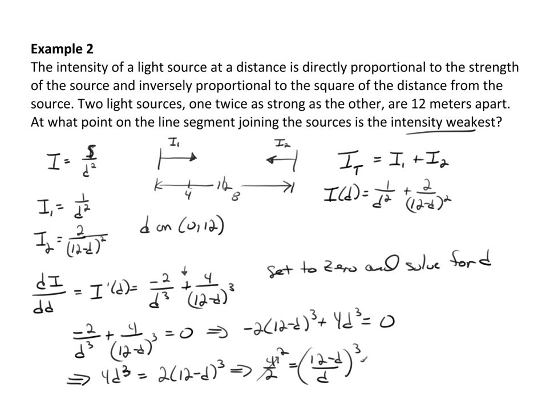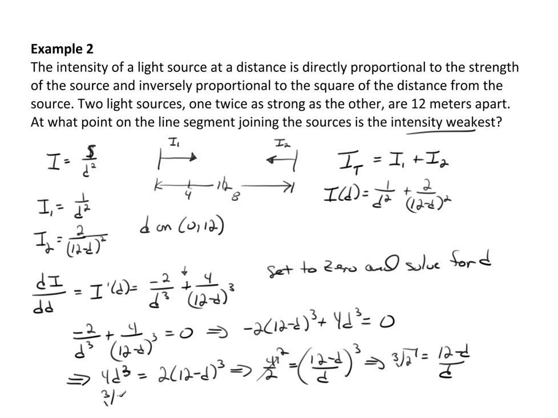If I take the cube root of both sides, I get the cube root of 2 is equal to (12 minus d) over d. And I have a couple more steps to go. So I need to multiply by d on both sides.